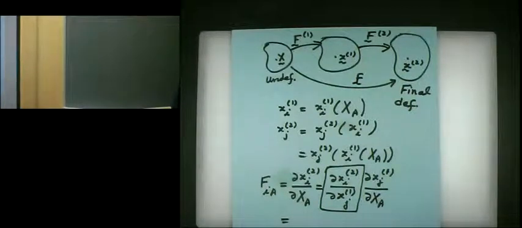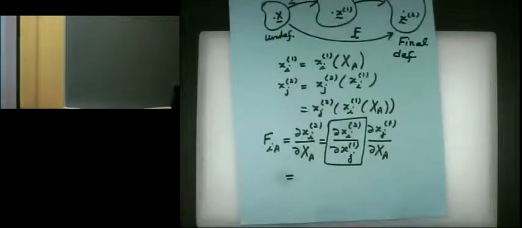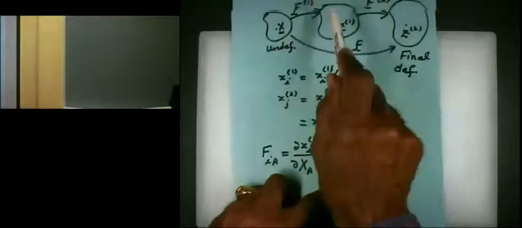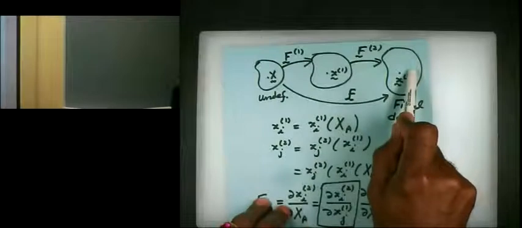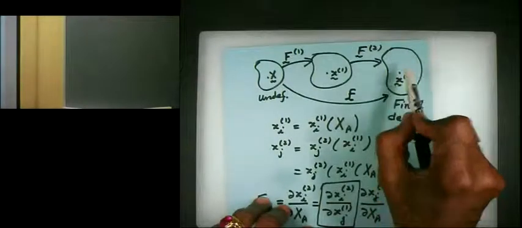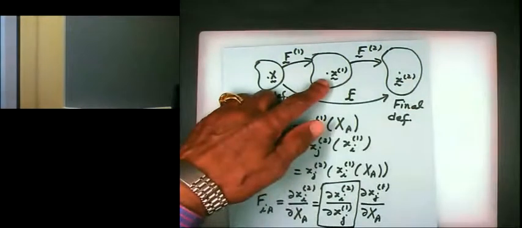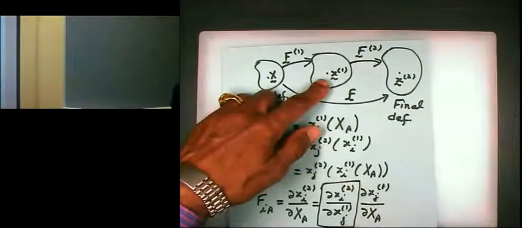Is my question making sense? So this is the deformation gradient in going from this state to that state. We are differentiating coordinates in the final configuration with respect to coordinates in the intermediate configuration. So this quantity in the box I have is F2.